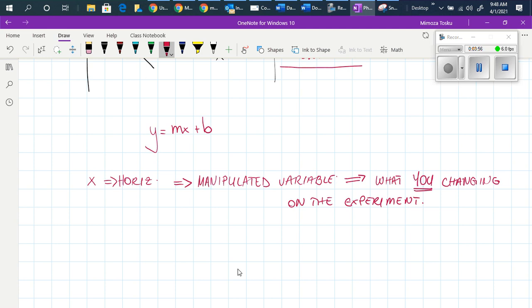So if you are changing the distance, then that will be the manipulated variable, or something like that. And whatever is in the y, or in the vertical axis, is known as the responding variable. And that variable is found by asking the question, what are you measuring in the experiment?